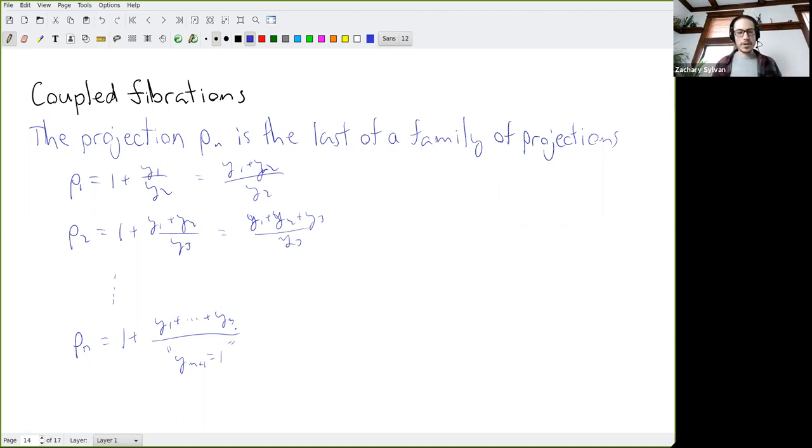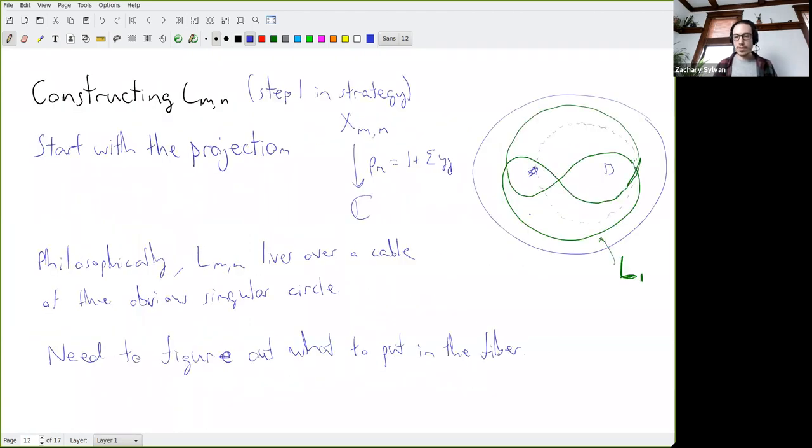Okay, and I want to notice something about this. The divisor, I'm going to call this d_i, which I can define to be rho_i inverse of 1. So this is the fiber over 1 for rho_i, which, if we look back, for rho n looks like the special fiber, which was not singular.